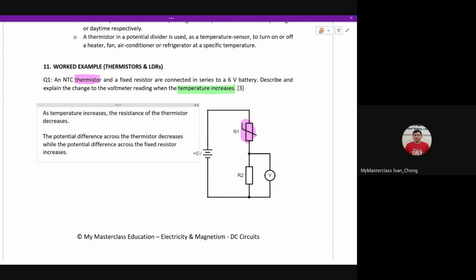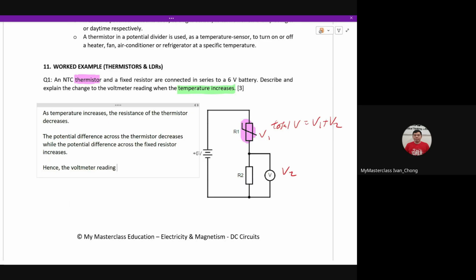The reason for this is that total V is V1 plus V2. This guy is V1, this guy is V2. So if V1 decreases, V2 will increase. Don't forget to answer the question, hence the voltmeter reading.